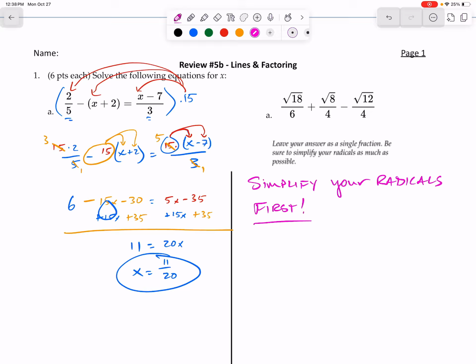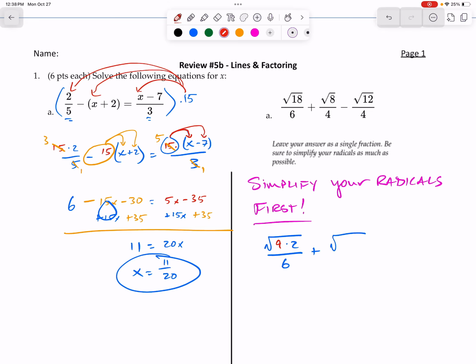So 18 is going to become the square root of 9 times 2 over 6 plus the square root of 4 times 2 over 4 minus the square root of 4 times 3 over 4. I did that because these are perfect squares.